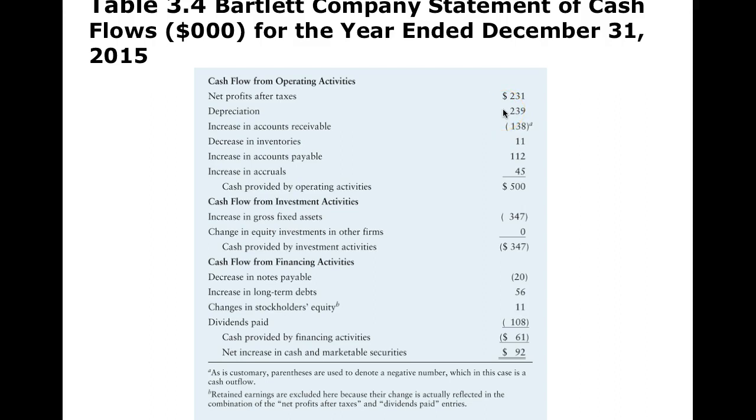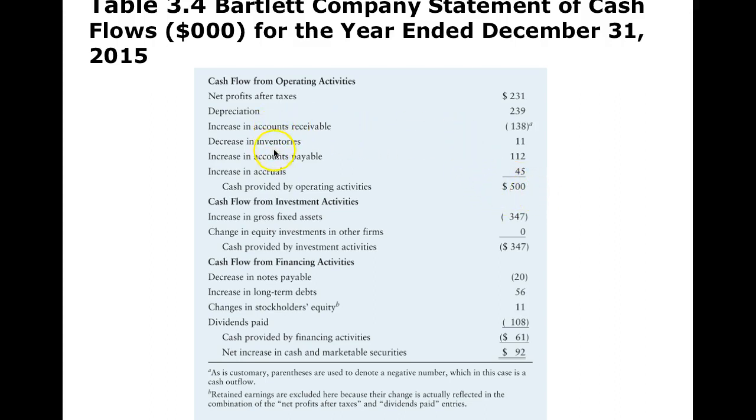Depreciation, when we add it back, increases cash flow. Increase in accounts receivable. So if accounts receivable has increased, that decreases cash flow. A decrease in inventory will increase cash flow. An increase in accounts payable will increase cash flow. And an increase in accruals will increase cash flow. So cash flow provided by operating activities is $500,000.